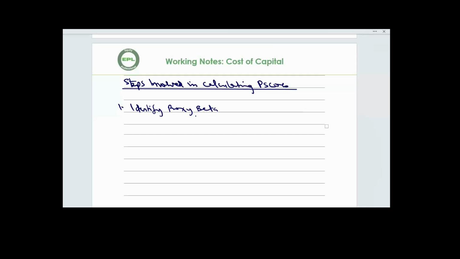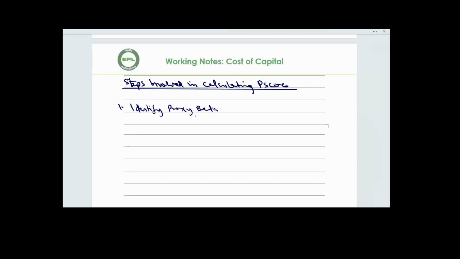But if the examiner did not mention the name of the proxy, you are going to be given the information about the proxy company. So just go to the section of the question where you have information on the proxy company. From there, you will see the beta given to you. Once you have found the beta, that means you have identified the beta.